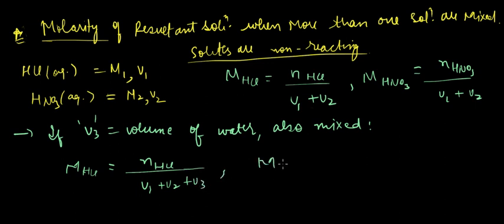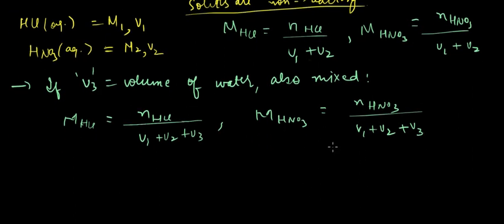Similarly, molarity of HNO3 would be n of HNO3 over V1 plus V2 plus V3. Due to dilution, volume of solution increases and the molarity decreases. However, number of moles of solutes or mass of solutes remains constant.